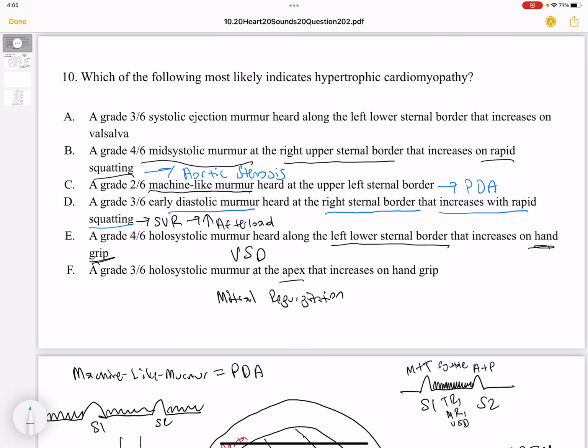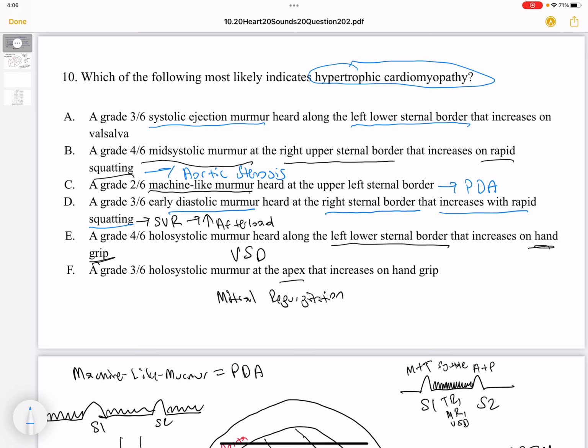Answer choice A is a grade 3 out of 6 systolic ejection murmur heard along the left lower sternal border that increases on Valsalva. And this is going to be due to hypertrophic cardiomyopathy. There's a systolic ejection murmur that is going to be heard along the left lower sternal border.